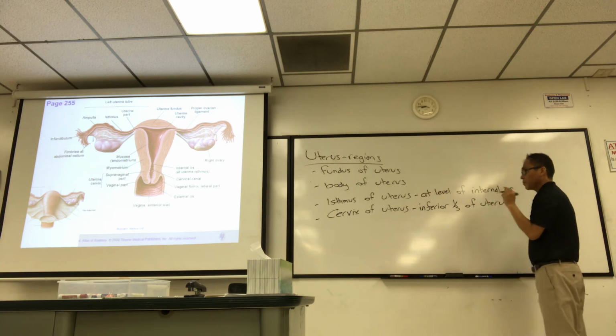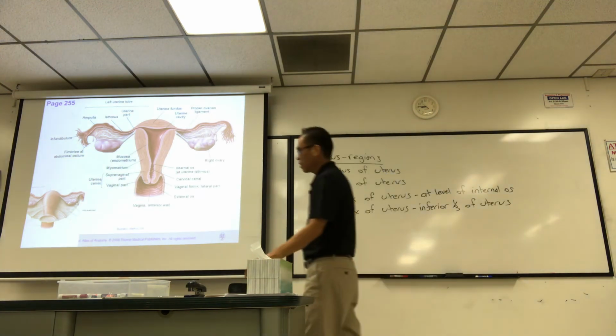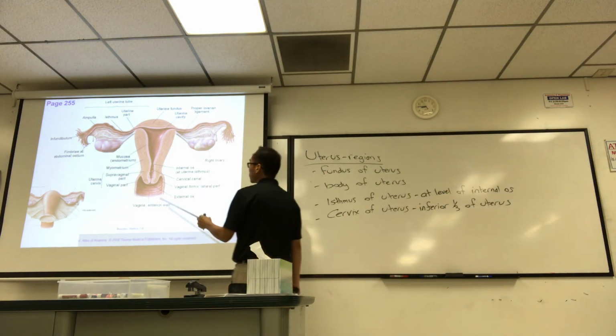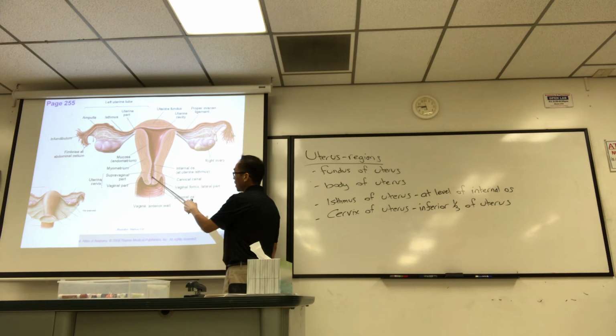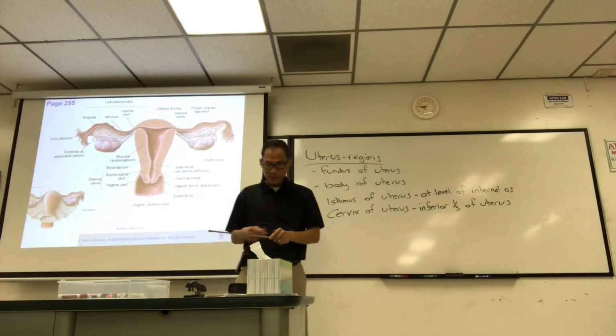For the cervix, it's important to note the canal that goes through it. You have a cervical canal within the cervix. And you have an internal os and an external os that bounds the canal. So it goes os, but then canal in between. So I would note all three of those.